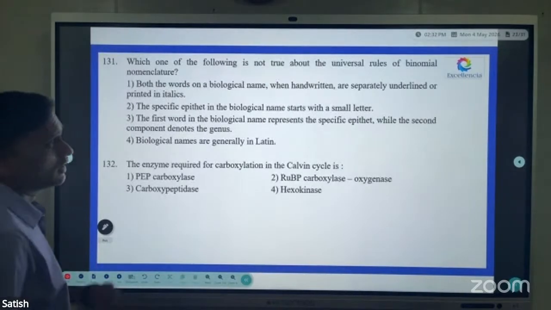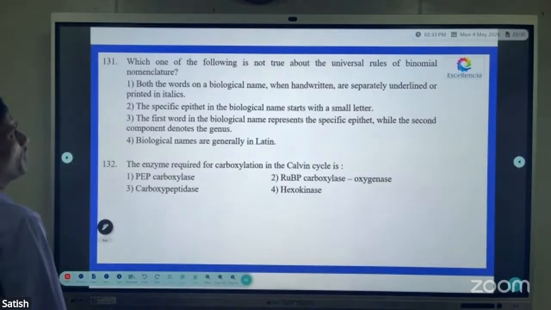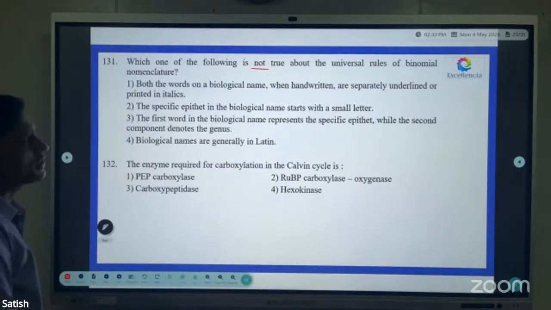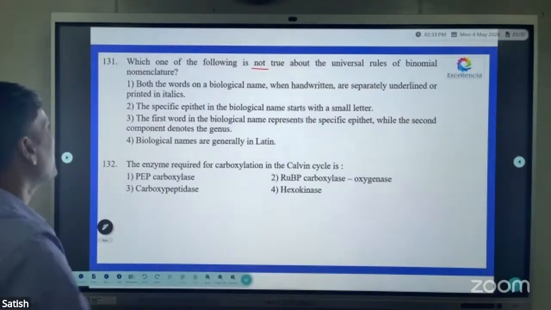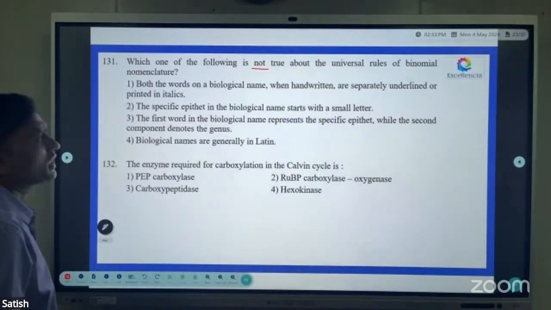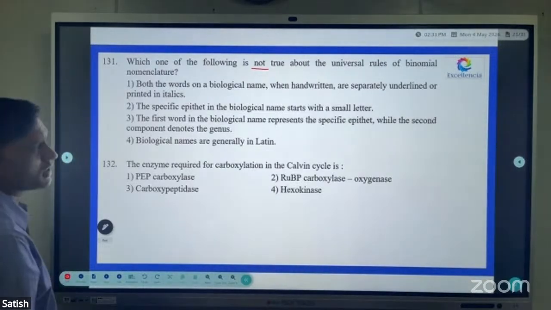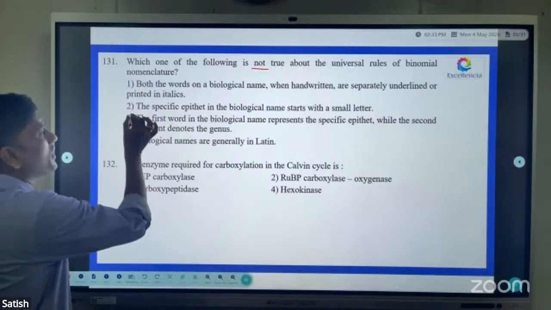Next one, the question related to binomial nomenclature, first chapter. Which one of the following is not true about the universal rules of binomial nomenclature? Both the words in a biological name, when handwritten, are separately underlined. It's a correct statement. The specific epithet in the biological name starts with a small letter. Yes, correct. The first word in the biological name represents the specific epithet.